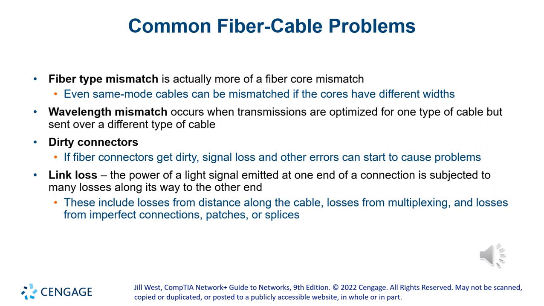You cannot have an SR, for short haul, connector and use it with a single mode fiber, because it is not made for that. The short haul uses multi-mode, and if you put a single mode fiber, it just doesn't match. You have to use the right fiber with the right cores, with the right modules at the right wavelength. If you don't match all those things, it's not going to communicate.